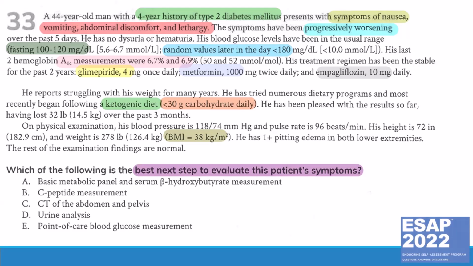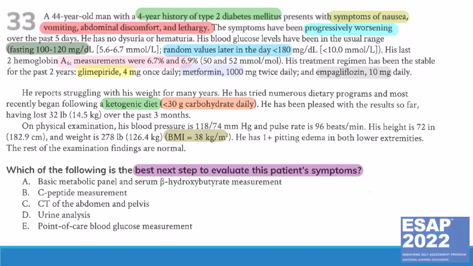Type 2 diabetes mellitus on sulfonylurea, metformin, and SGLT2 inhibitor, presenting with vomiting, abdominal discomfort, and lethargy, progressively worsening. What is the best next step? Basic metabolic panel and serum beta-hydroxybutyrate measurement, C-peptide, CT of the abdomen and pelvis, urine analysis, or point-of-care plasma glucose measurement. What is the best option?